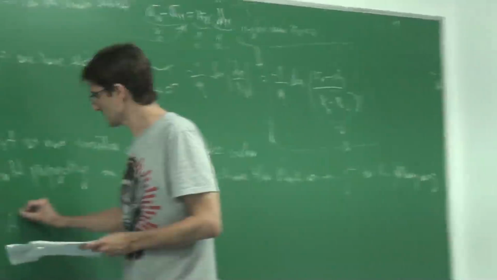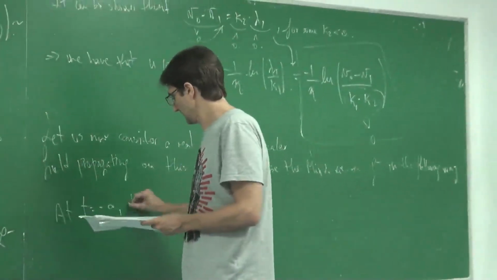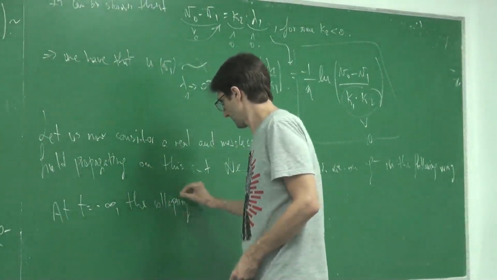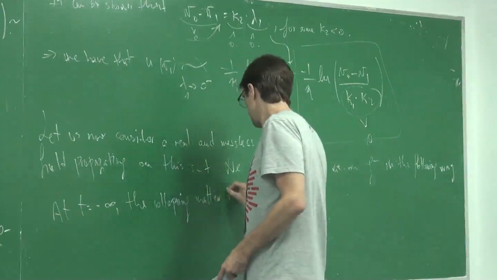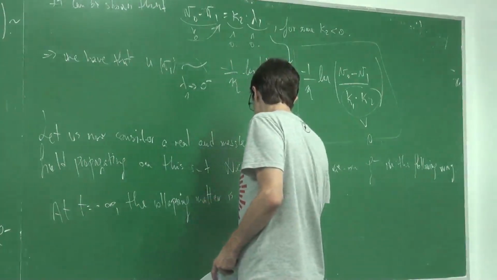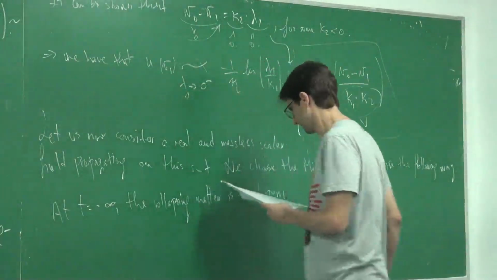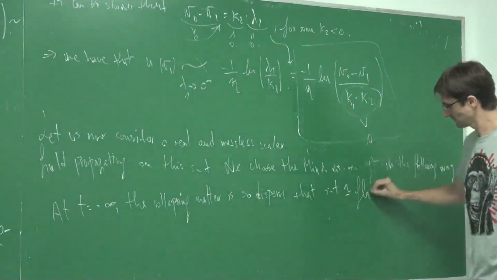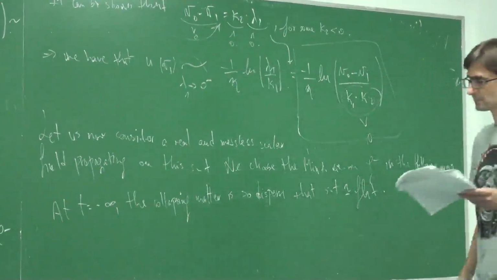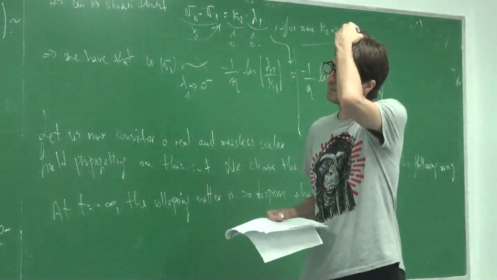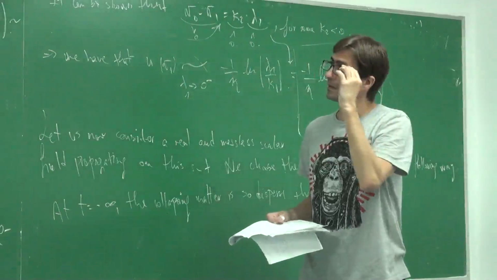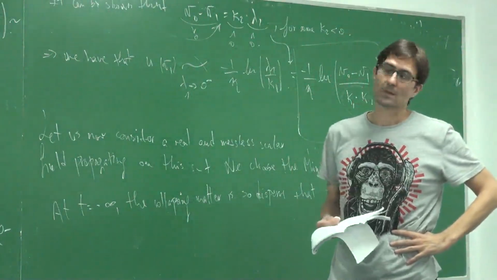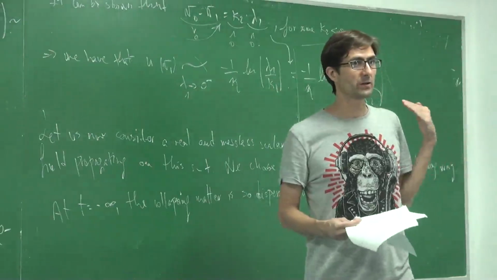So at early times, at t equals minus infinity, the collapsing matter is so dispersed that the spacetime is approximately flat. And we can use scribe minus as a Cauchy surface.